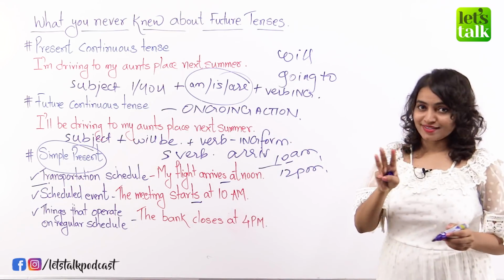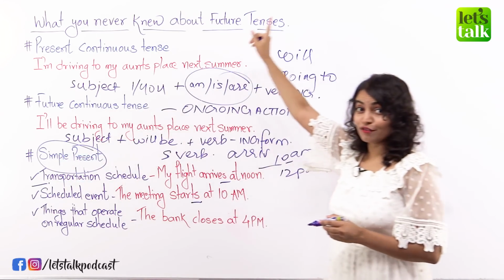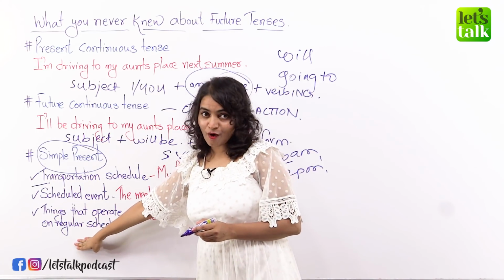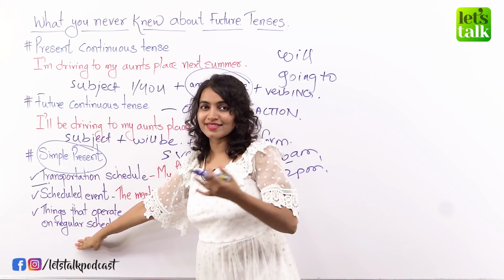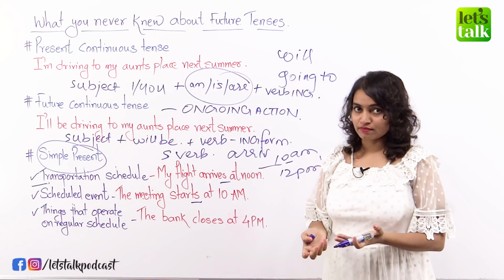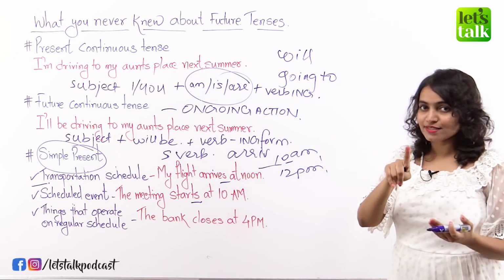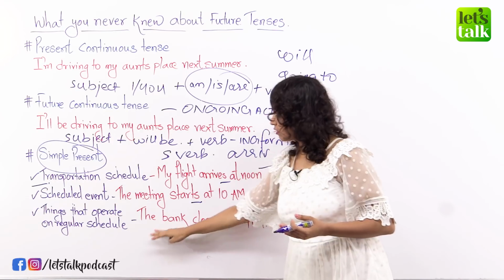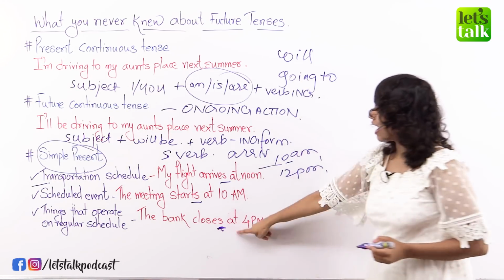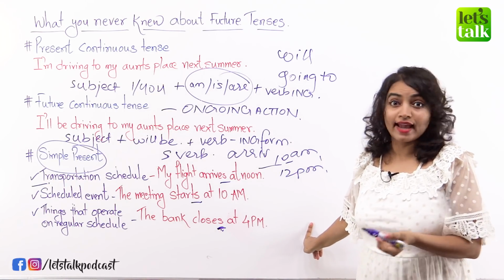Okay, the third point, when you are going to use the simple present to talk about a future event, is to talk about something that may operate on a regular schedule. There are a lot of things that operate regularly, right? Let's take an example. The bank closes, I add the S again, at 4 p.m. Don't go telling people, I can't go to the bank.